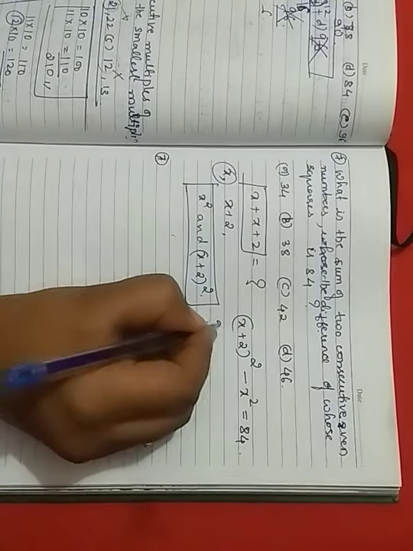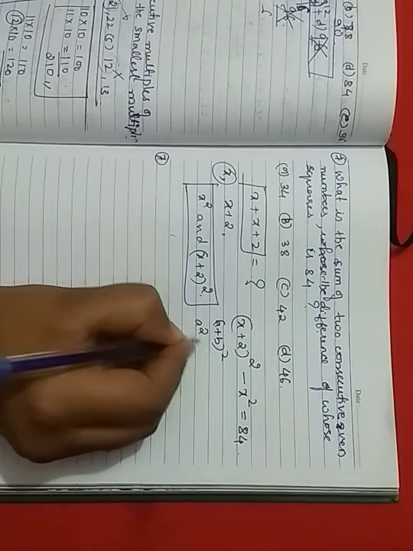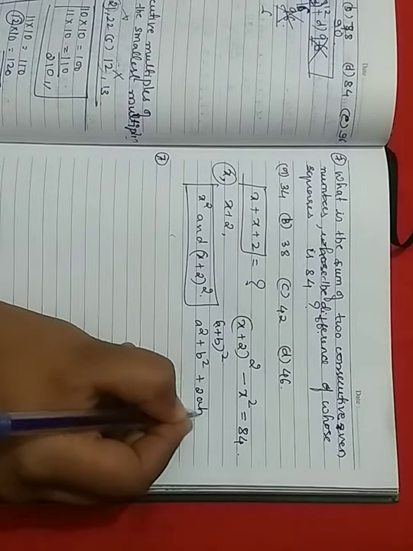Hope you know the (a plus b) whole square formula: a square plus b square plus 2ab, right?